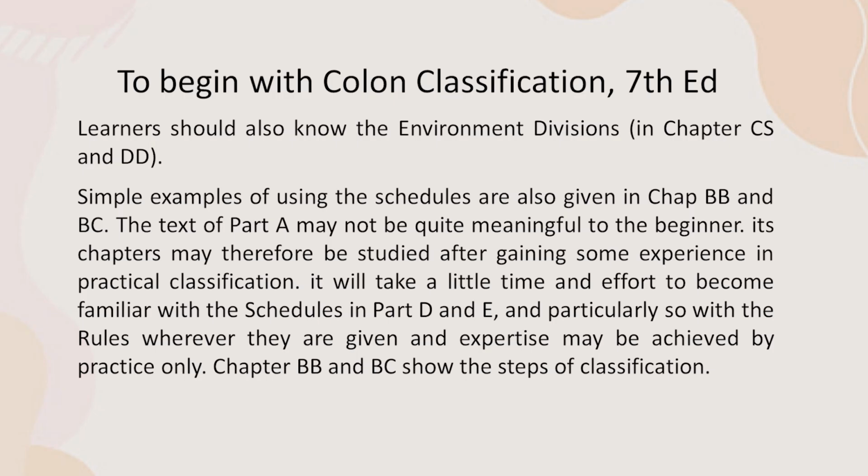It will take a little time and effort to become familiar with the schedules in parts D and E, particularly with the rules wherever they are given, and expertise may be achieved by practice only. Chapters BB and BC show the steps of practical classification.